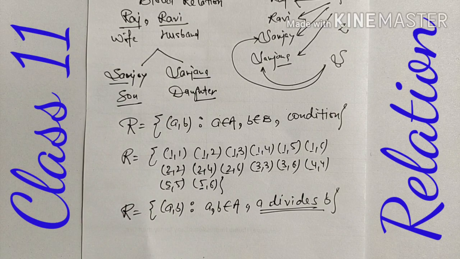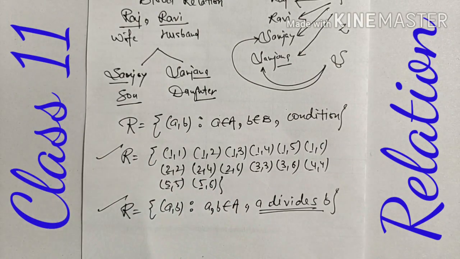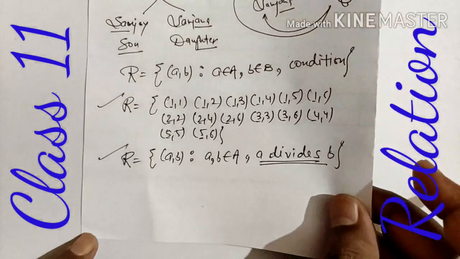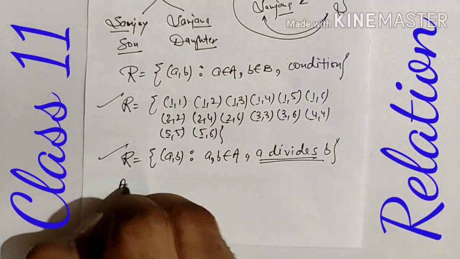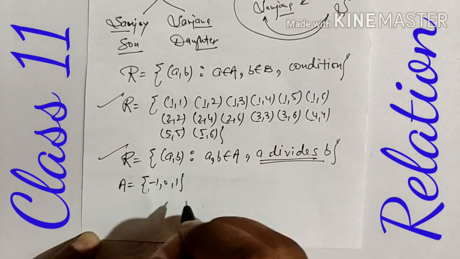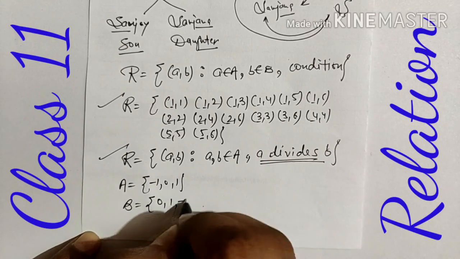If we see here, we can represent this. This is one of the set forms, roster. This is set builder. Another we can use is an example: let A be the set given by {-1, 0, 1}, and B be another set given by {0, 1, -1}.